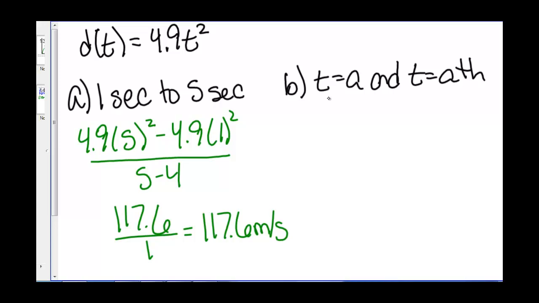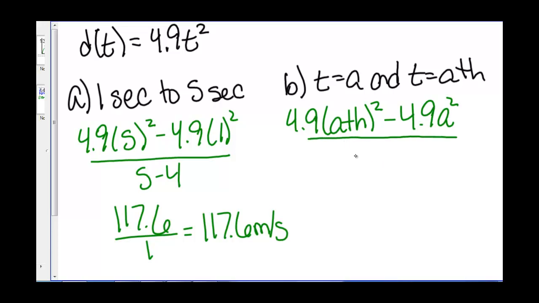So now, what if we just have generic times? So time equals a and time equals a plus h. So h is some amount of time that we're adding on. So we need to find 4.9 times a plus h squared minus 4.9 times a squared all over a plus h minus a.